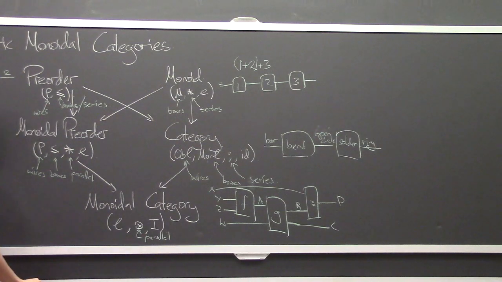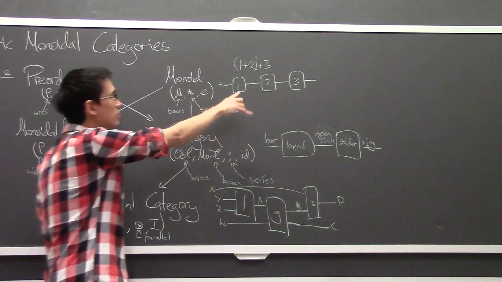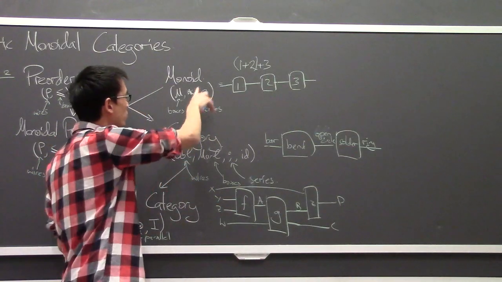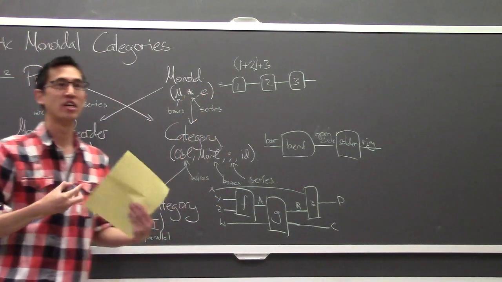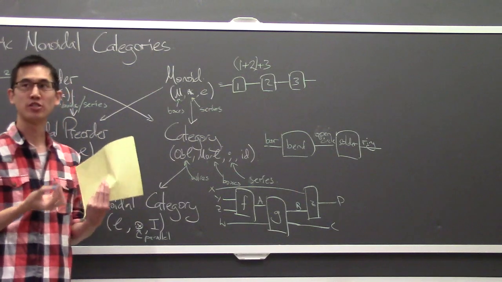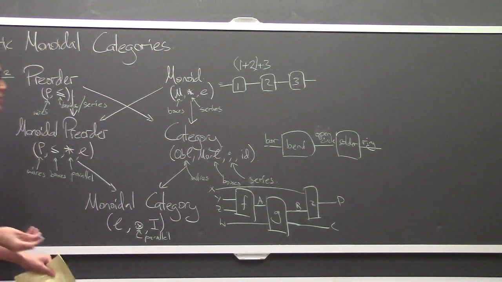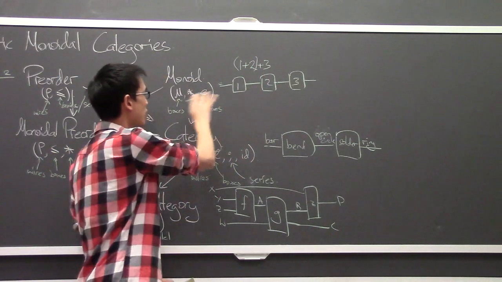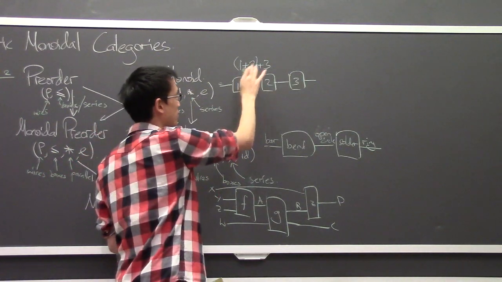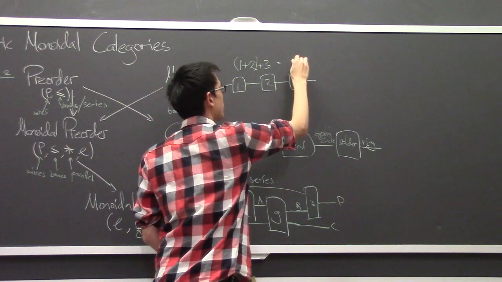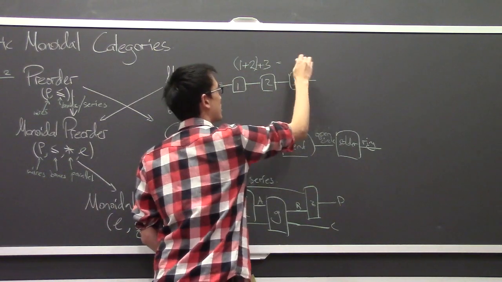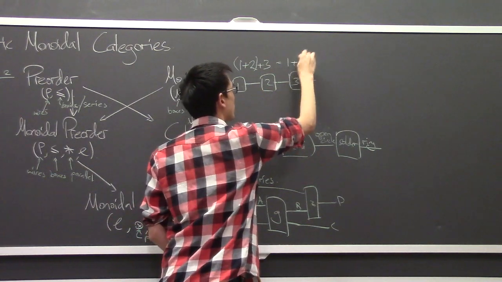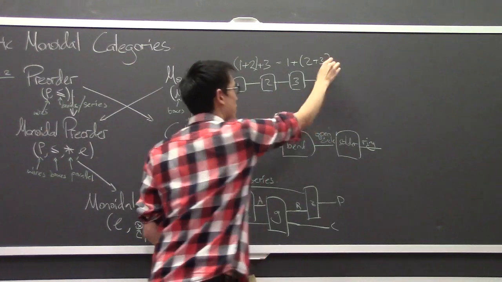So how do we think about them in terms of these pictures? Well, for example, the multiplication of a monoid is required to be associative. And what associativity means is that even though we specify a binary operation, like plus, if we have a string of things, it doesn't matter in which order we add them.